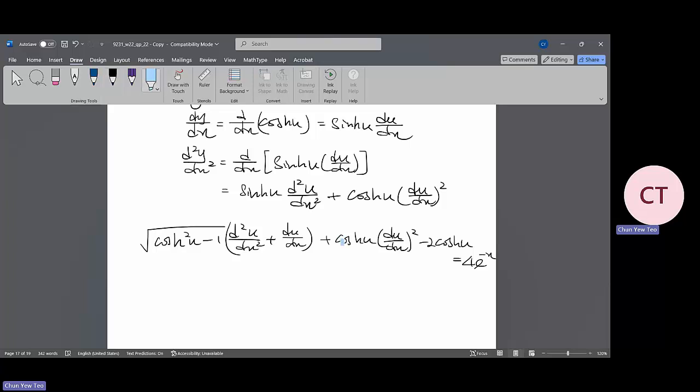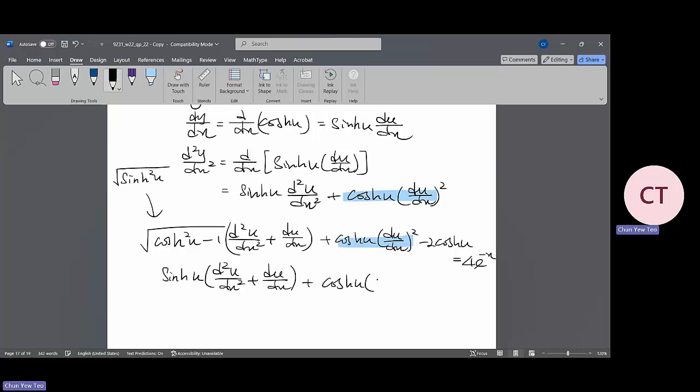So do you see that we have this one similar? Okay, however, first thing you need to know is that this one is sine squared u square root. So this one we can straight away directly change it to become sine u.